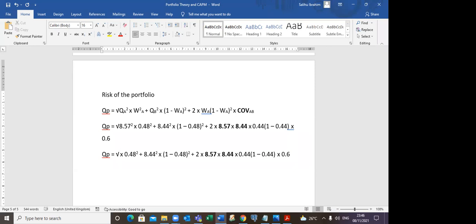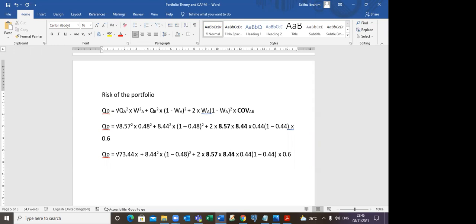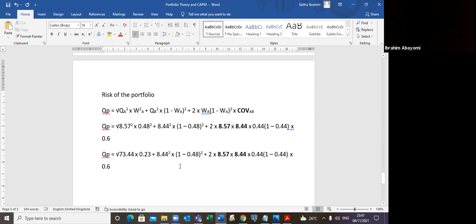73.44 is 0.48 squared. Uncle, 0.48 squared will give me what? 0.2304. Just put it as 0.23. It's 0.48 squared.